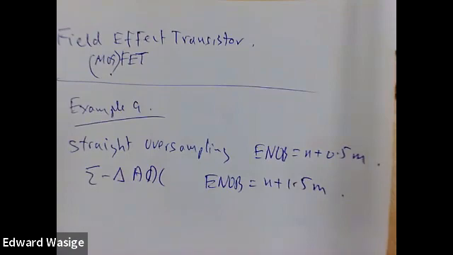So the exam will have 3 questions for each section. Section A, which is the digital part, will have 3 questions and you should answer 2. Section B, which is the analog part, will also have 3 questions and you should answer 2 out of the 3. So you answer two out of 3 questions for each section, a total of 4 questions.